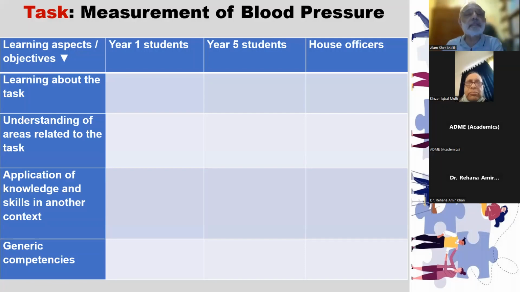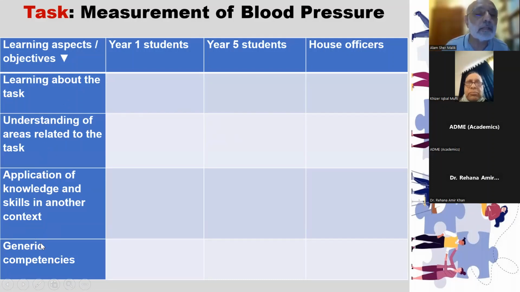Let us see, the task is measurement of blood pressure. And we know that the student is supposed to learn about the task, have an understanding of areas related to the task, then application of knowledge and skills in another context, and generic competencies.